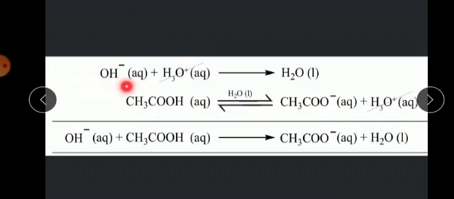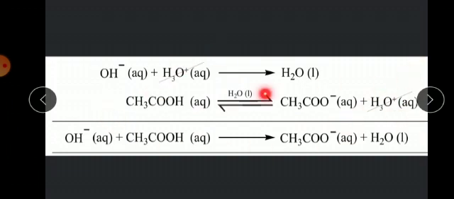Let us see now. OH minus aqueous plus H3O plus aqueous gives H2O liquid. CH3COOH aqueous in equilibrium gives CH3COO minus aqueous plus H3O plus aqueous in presence of water. We shall cancel both H3O plus.